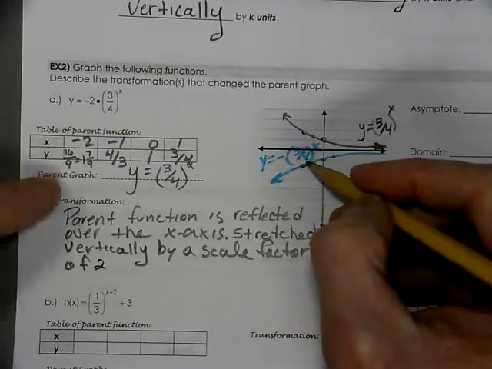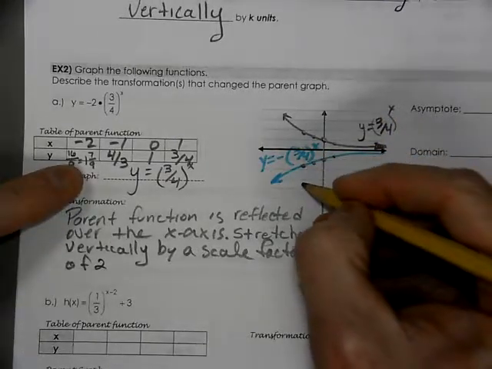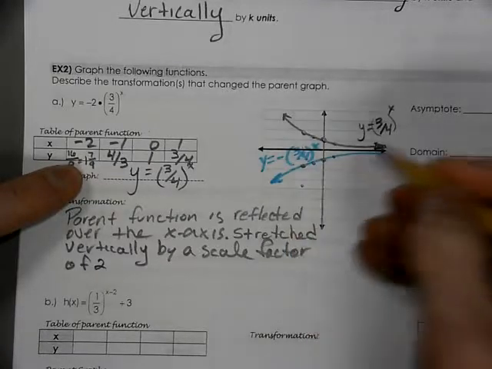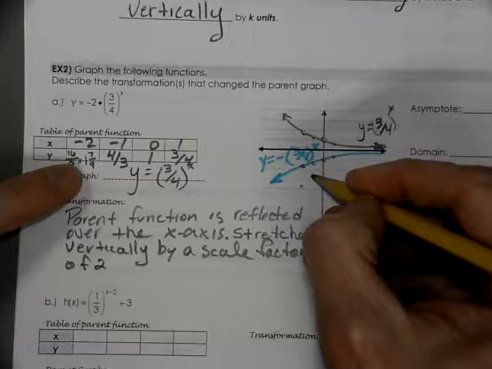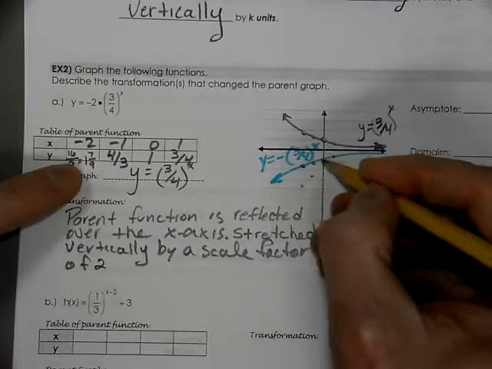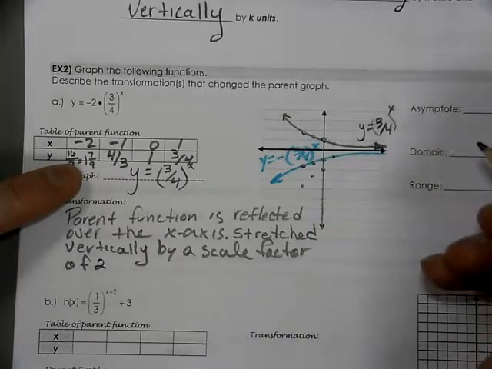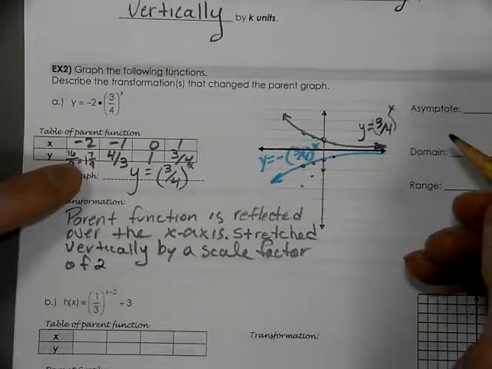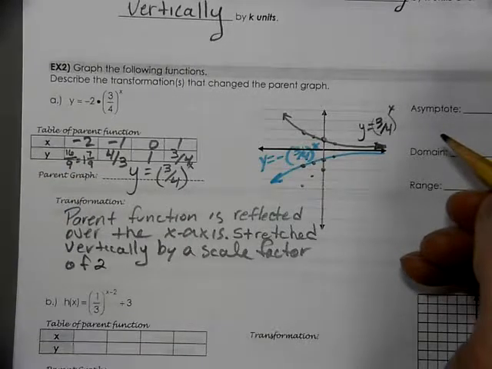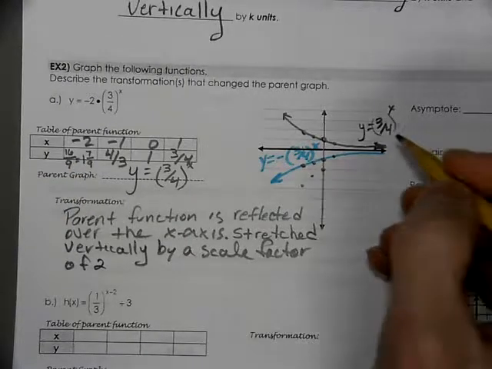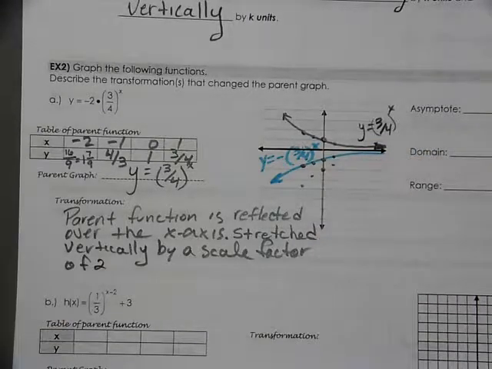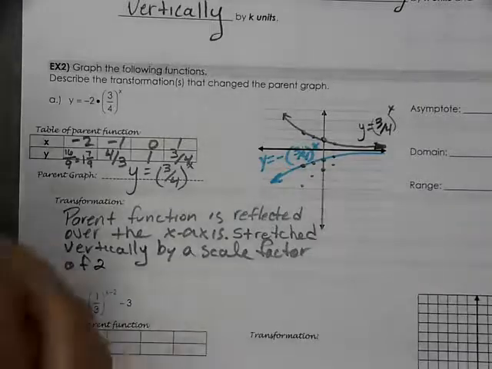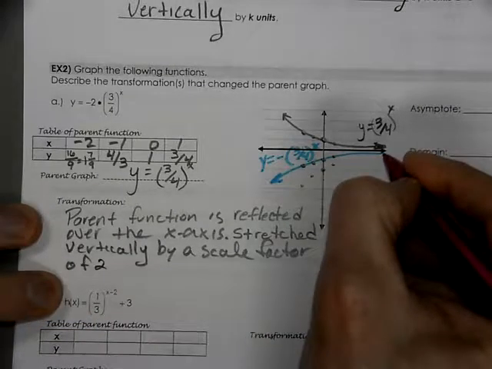So at the -2, that's almost going to be at 4. 1 1/3 is going to become 2 1/6. The -1 is going to become a 2. And the 3/4 is going to become 6/4, which is 1 1/2. And all the points are going up twice as much.